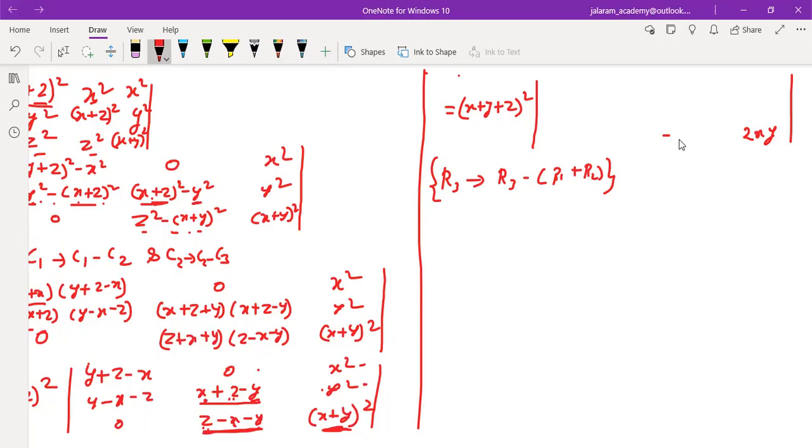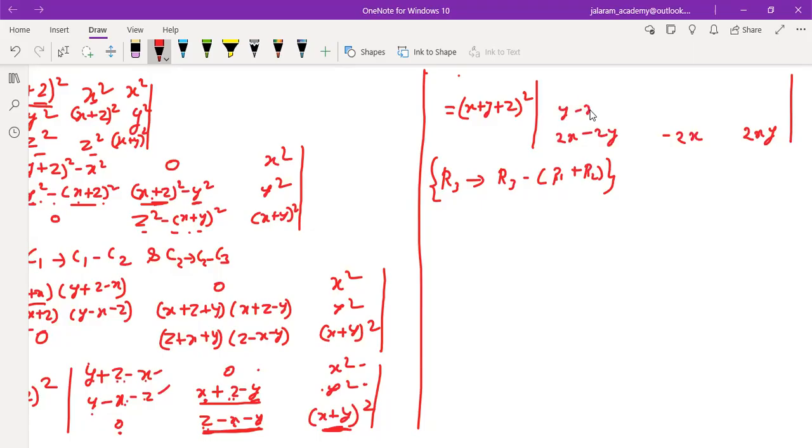So there will be only minus 2x. And again, in the first element, when these two elements are added, minus x minus 2x plus z minus z will be cancelled out, y plus y, 2y. So 2y minus 2x, and when they are subtracted from 0, it is giving 2x minus 2y.